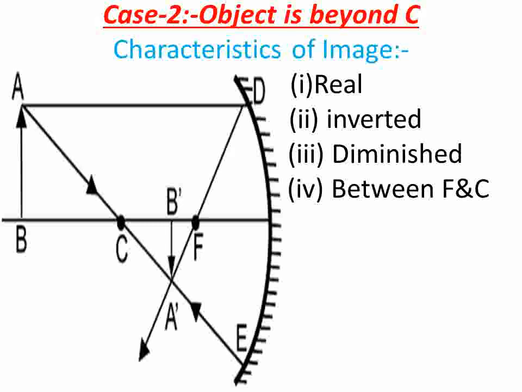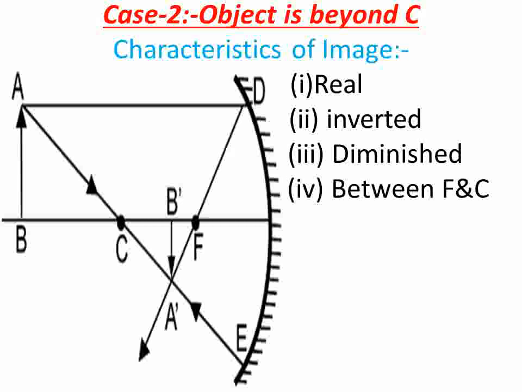Case 2: object is beyond C. We are bringing the object from infinity towards the mirror successively. In case 2, the object is shifted from infinity towards the mirror, but it is between infinity and the center of curvature C. Rays are shown in the figure.